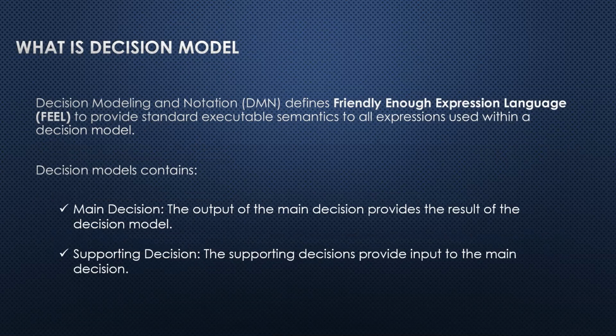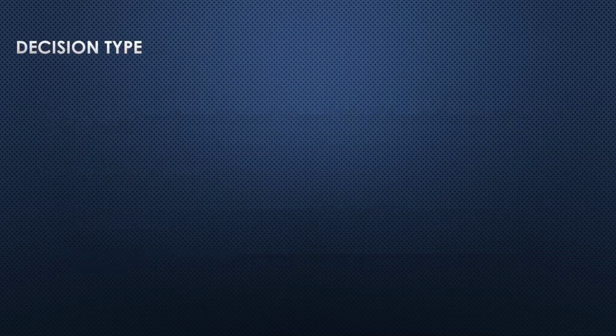The output of the main decision provides the result of the decision model, and the supporting decisions provide input to the main decision. This means we can have a single main decision and multiple supporting decisions which feed the input to the main decision to get the decision or the logic.